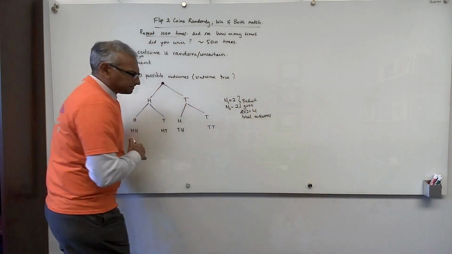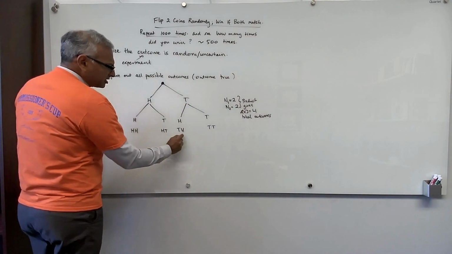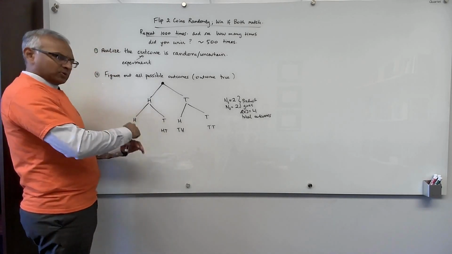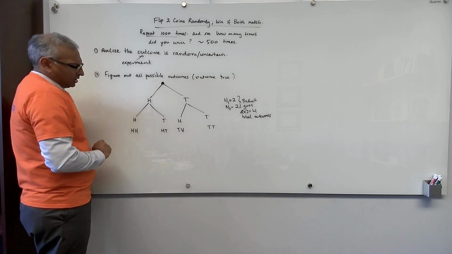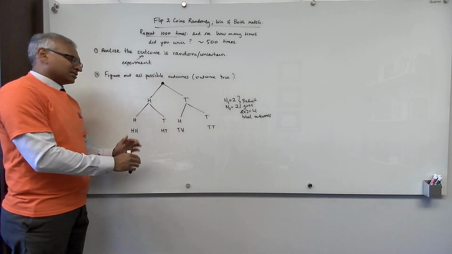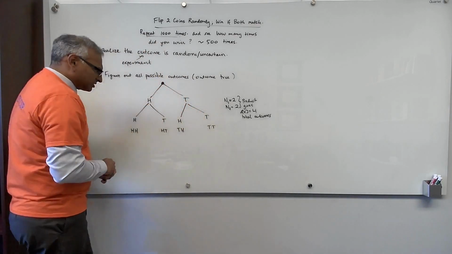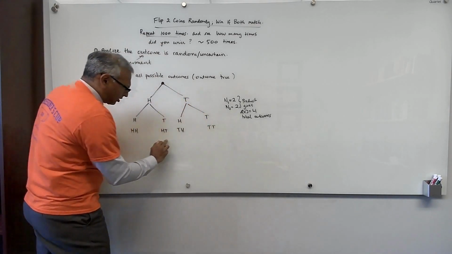Now, when we were counting, we were just interested in the number of outcomes, but now that we're doing probability, we list all the outcomes. The tree and the method of getting to these outcomes is not so important. What's important is that we got to these outcomes.